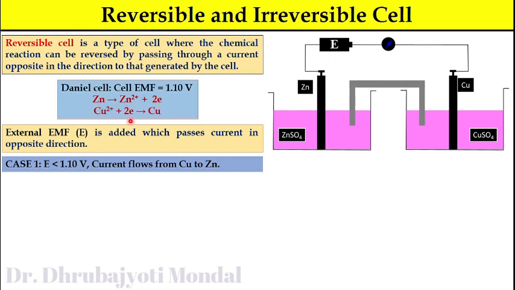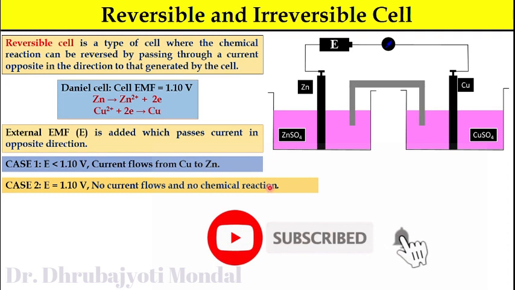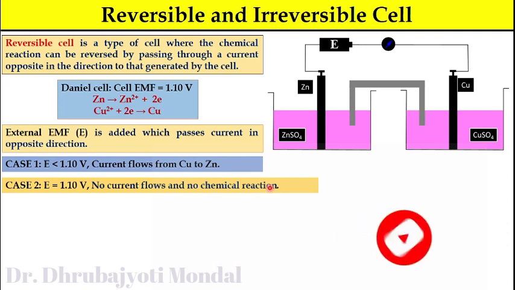Zn converts to Zn2+, Cu2+ converts to copper. Now consider case 2. Here you can see E is equal to 1.10 volt. So the external EMF is equal to the EMF of the Daniell cell. So in that case, no current flows and no chemical reaction occurs in the two electrodes.